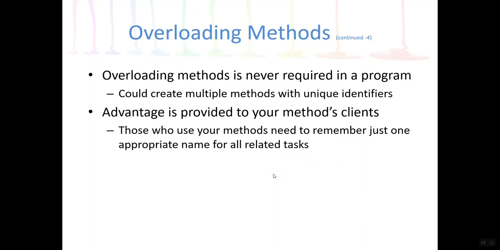Overloading methods is never required, but it's very advantageous. So, for example, switching over to Visual Basic as a reference, when we use console.writeLine to display a message to the user, and you can play with this in your Visual Studio environment, you can output a number, you can output a string, an integer, a string, you can output a double.